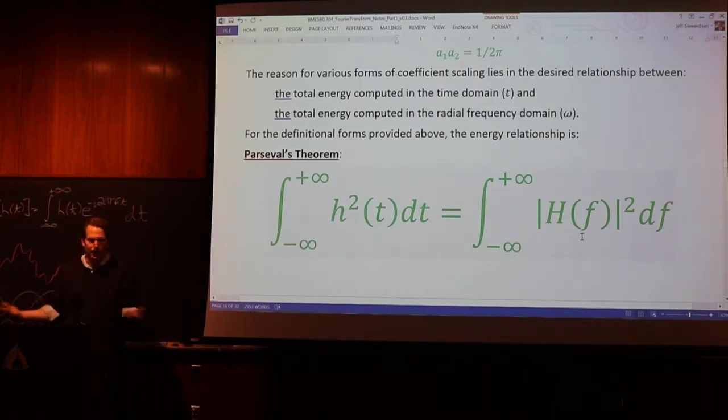I haven't added or lost energy just by doing a transform, right? And by energy, I mean the square sum, right? Okay, that's Parseval's theorem. That kind of makes sense, right? I haven't changed the amount of energy in this signal. By the way, I haven't changed the amount of information in this signal. I may have simplified its representation, but I haven't changed the amount of information content. They are equivalent.